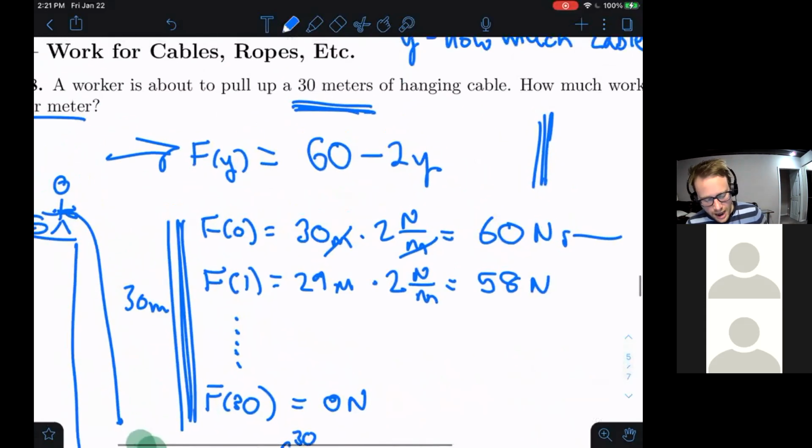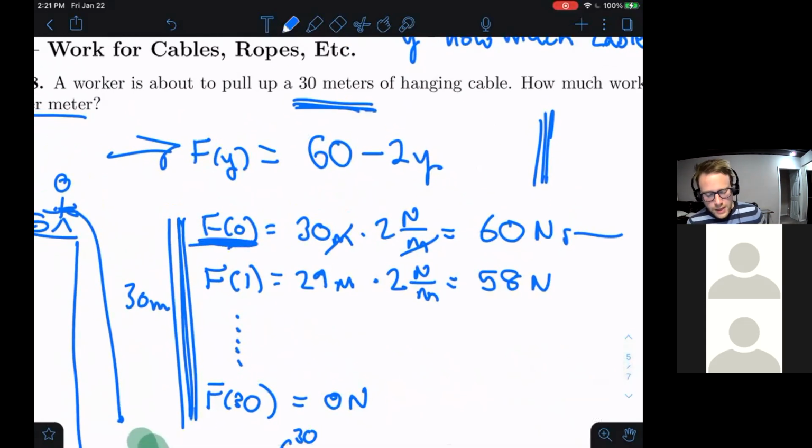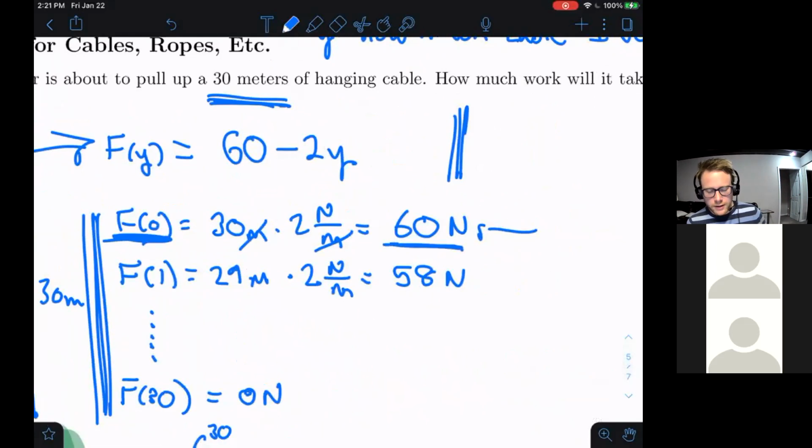So as I haven't lifted up any rope, how much force is there? If I've lifted up a little bit of rope, how much force is there? What is a general equation that relates how much cable I've lifted versus how much force is being applied by the remaining cable?